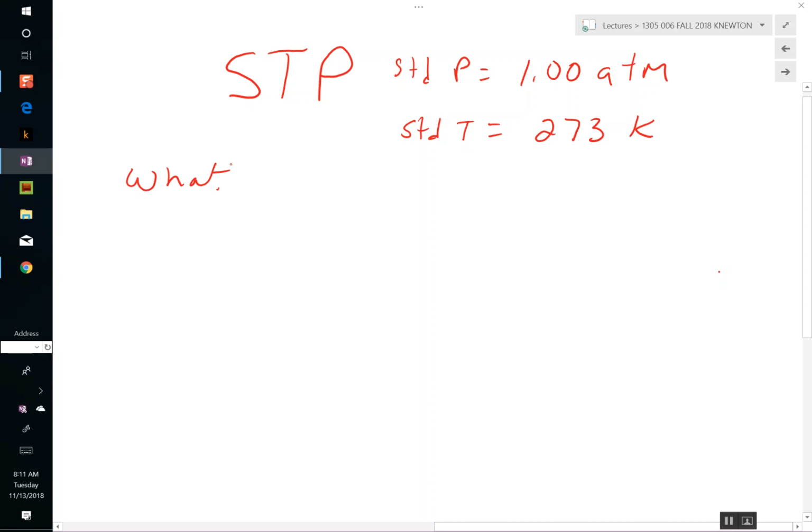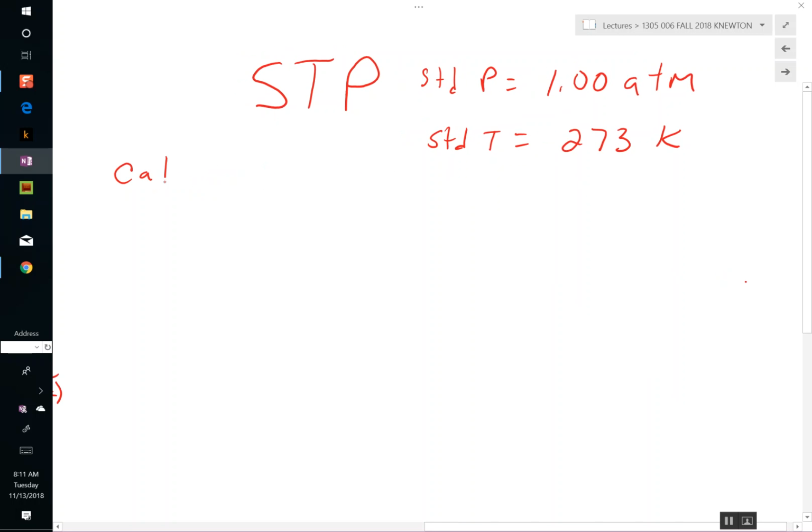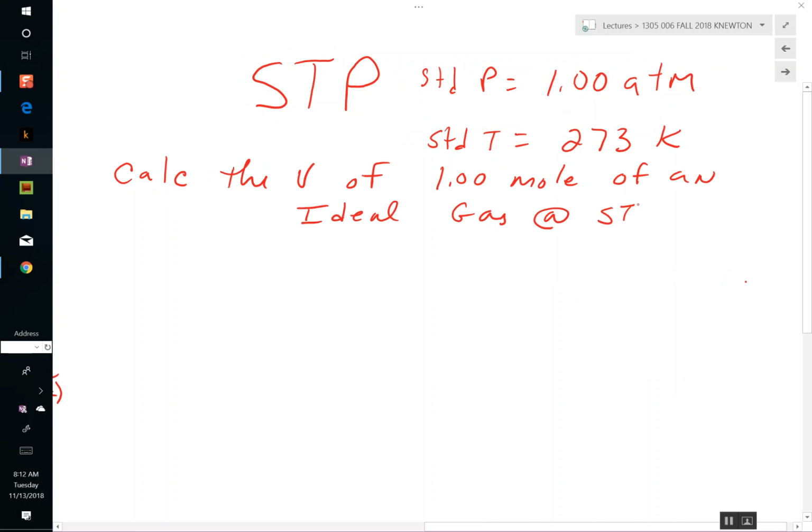You're getting ahead. Let's use the word calculate. Calculate the volume of 1 mole of an ideal gas at STP.